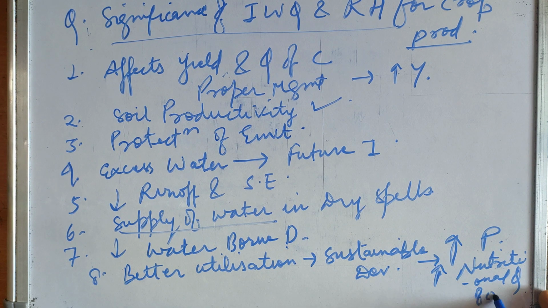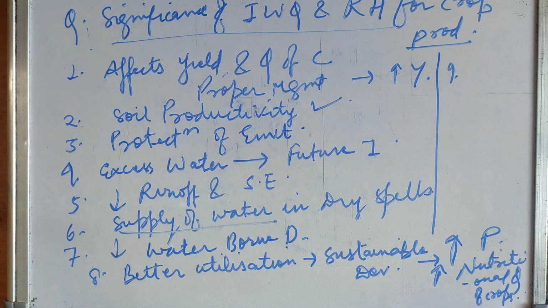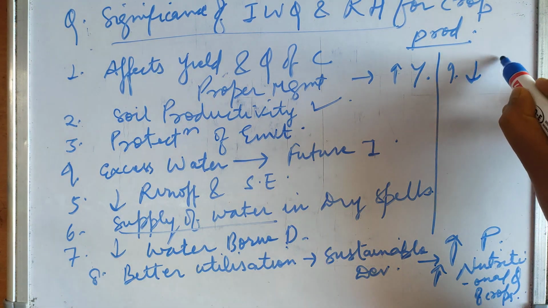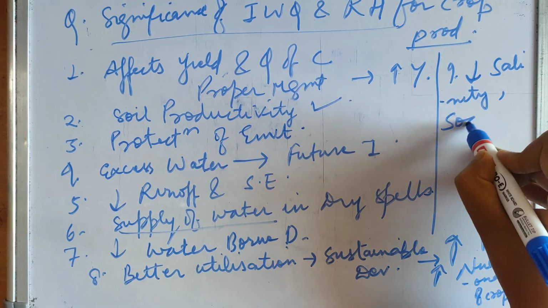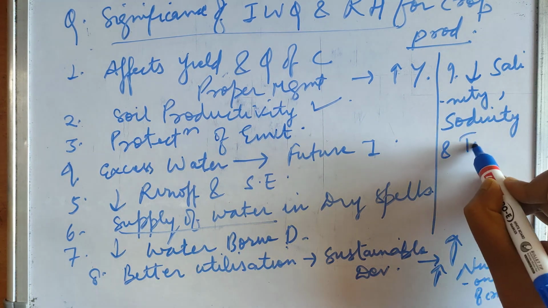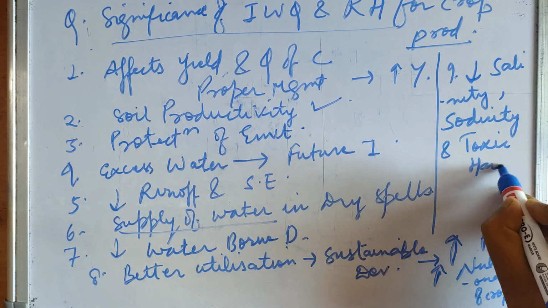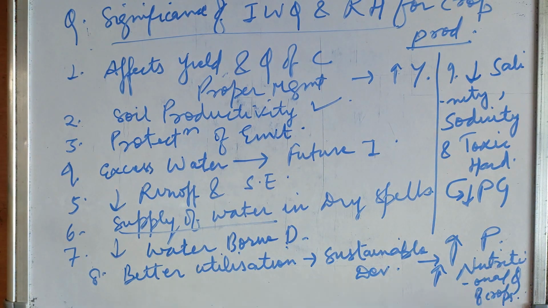Last point, that is ninth: reduce salinity, sodicity and toxic hazard which affect plant growth. So this is the significance of irrigation water quality.